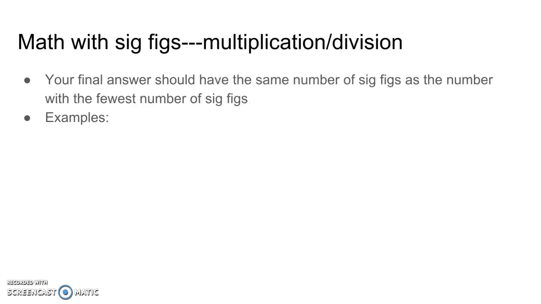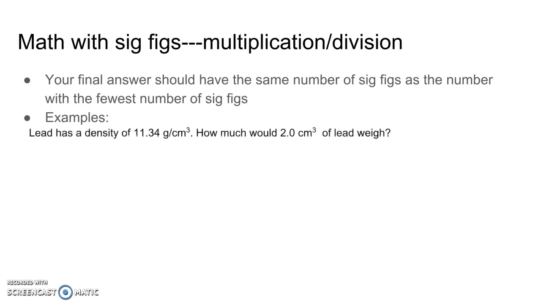Okay, multiplication and division. This is where the number that has your fewest number of significant figures is what's going to govern how many sig figs should be in your final answer. So if I was trying to calculate how much 2 cubic centimeters of lead would weigh, I would take that number and then use this density.